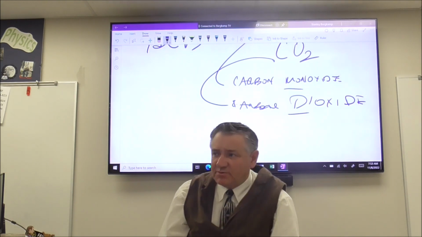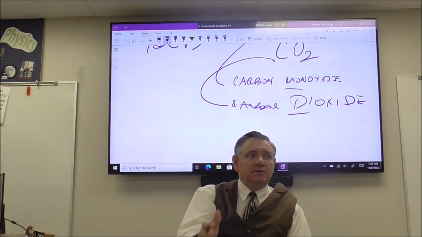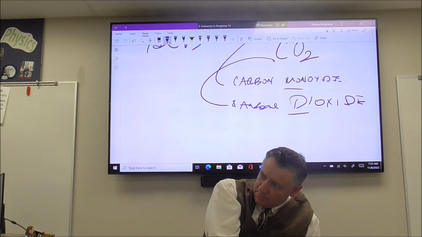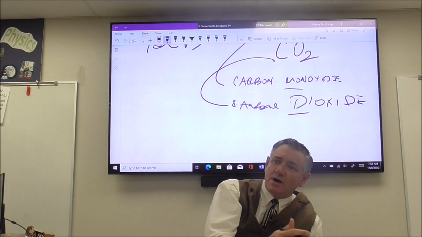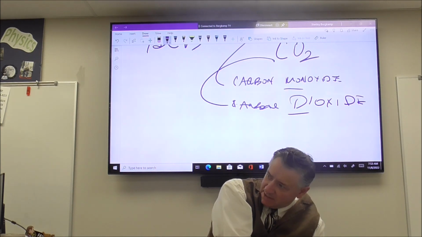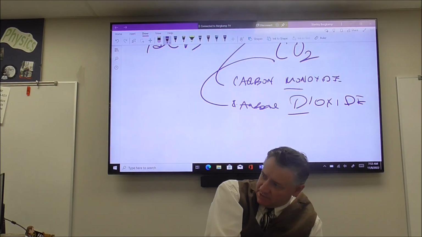So this is a situation where we let the prefixes determine the numbers, okay? Because there are no oxidation states that have to add up to equal 0. So these can combine in different ratios.